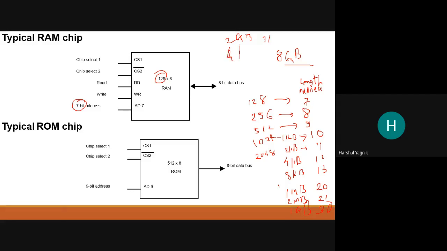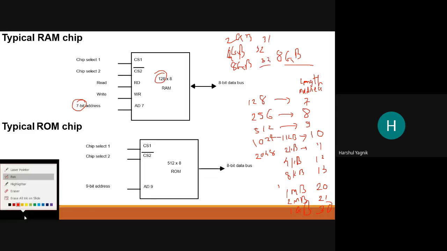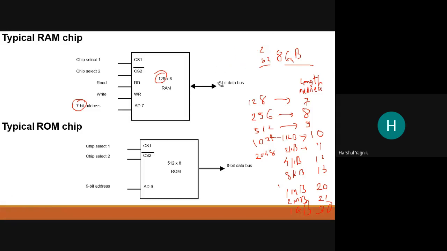For 4 GB, 32-bit, and for 8 GB, 33-bit length address is required. So the answer written by Vicky is correct.